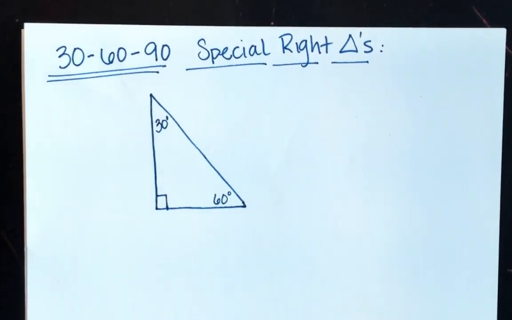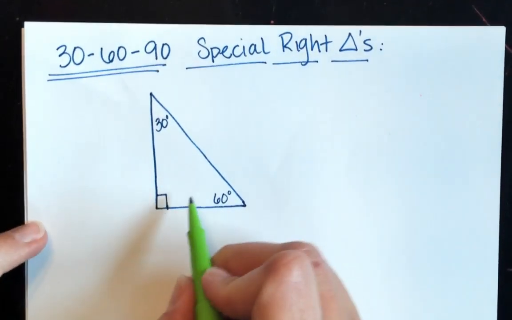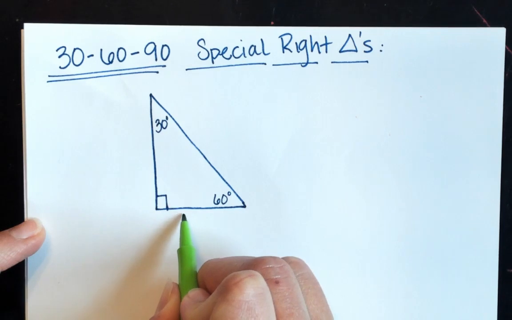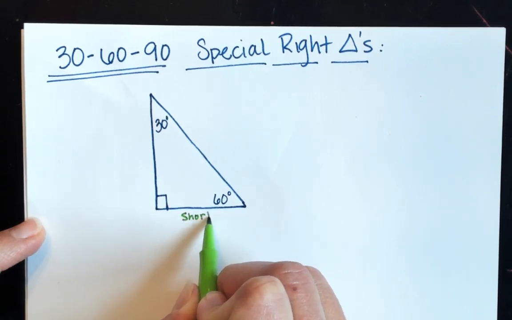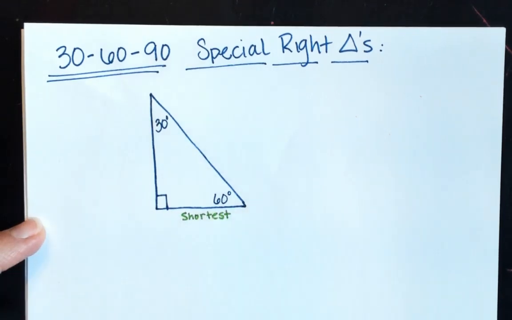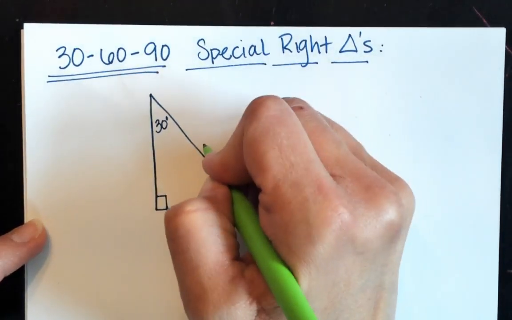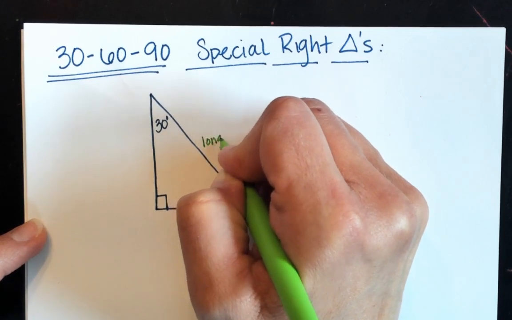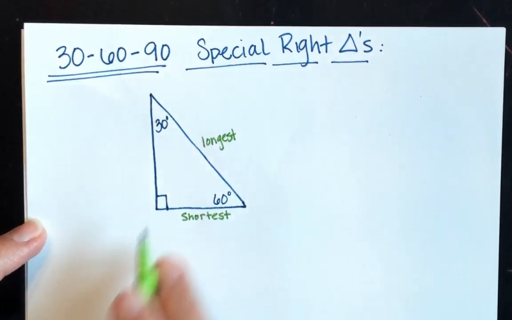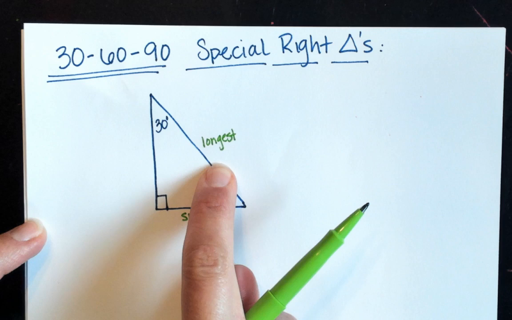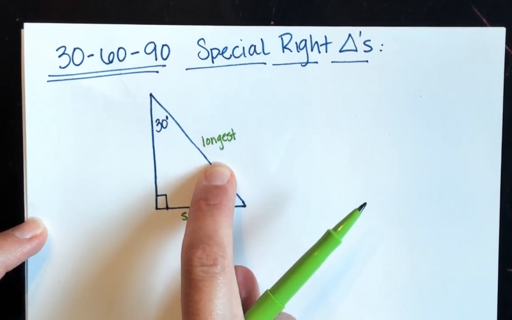Our side lengths are then different. So opposite our 30 should be our shortest side because 30 is our smallest angle. Opposite our 90 should be our longest side. Not only is 90 our biggest angle, but I think we know by now that the hypotenuse should be the longest side.